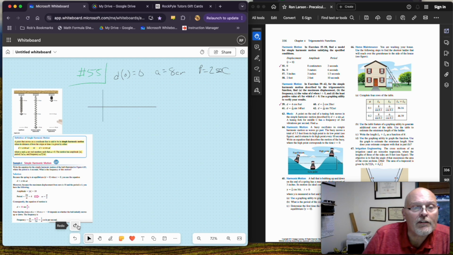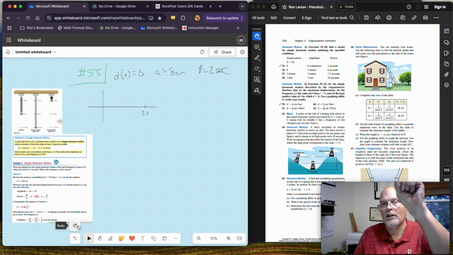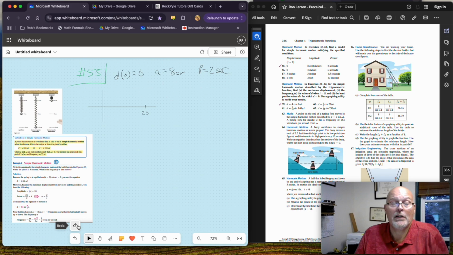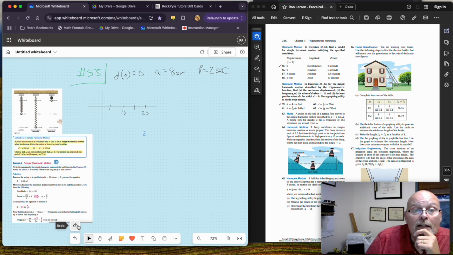I'm going to draw myself a graph, and I know that the period of 2 seconds means it's going to do one full cycle of up, down, up in 2 seconds. So 1 second will be halfway, and we'll get these half seconds in there too. Now, one cycle going all the way around is 2 pi, right? So I'm going to split that similarly into 3 pi over 2 and pi over 2.